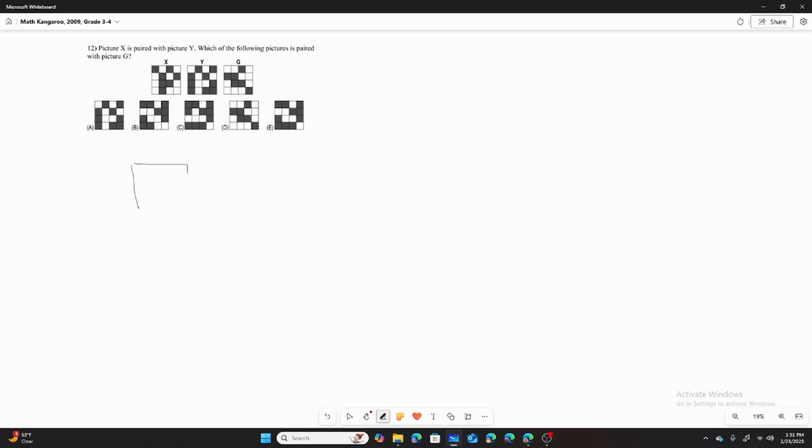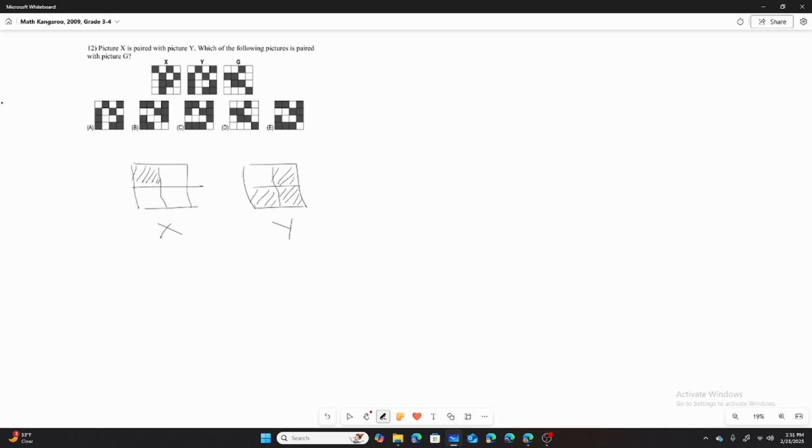So suppose that, let's say this is X and this is Y. Suppose instead of a 4 by 4 square, we have a 2 by 2 square. Suppose that X has this part shaded. Then picture Y is such that this part is shaded.